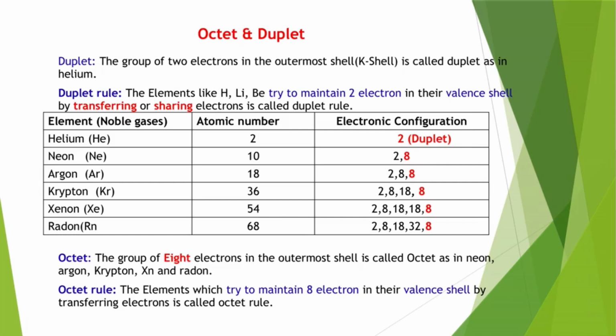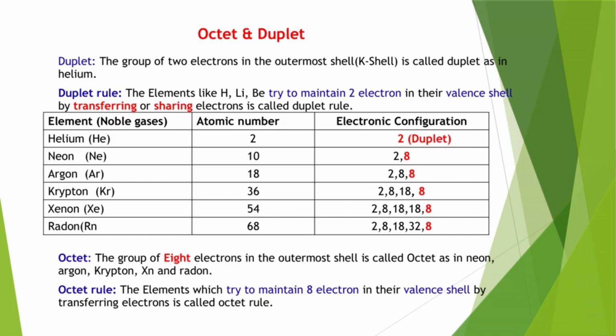Now, the other elements except helium: neon, argon, krypton, xenon and radon have atomic numbers 10, 18, 36, 54 and 86 respectively, and their electronic configurations are 2,8; 2,8,8; 2,8,18,8; 2,8,18,18,8; and 2,8,18,32,18,8.